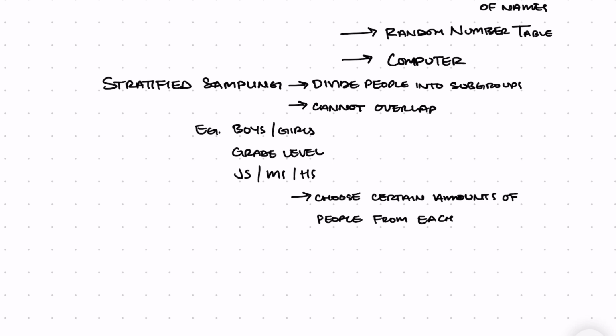So this leads us to the last type, which is systematic random sampling, or systematic sampling. In the case of systematic sampling, I would have some kind of system, some kind of rule that you follow.